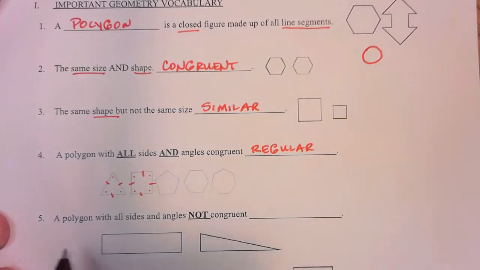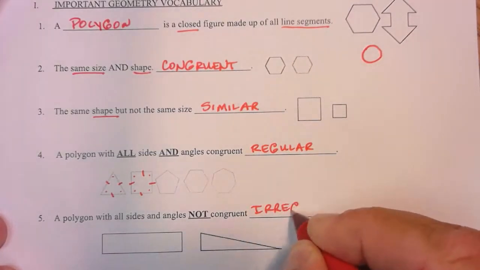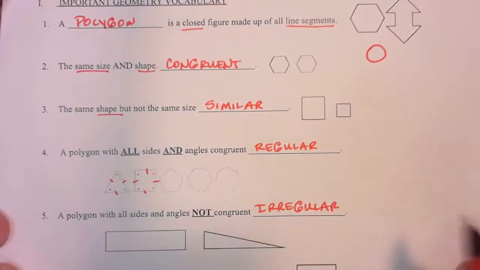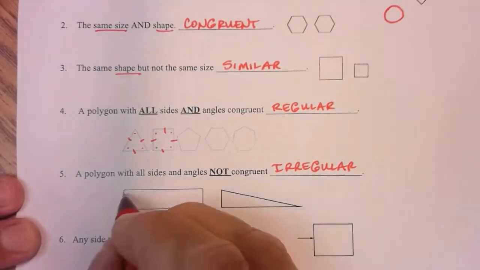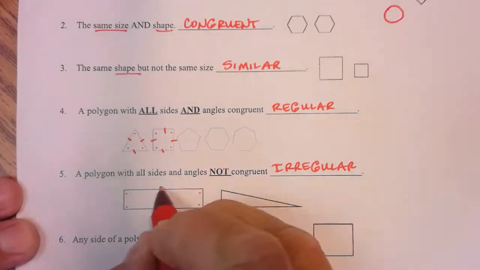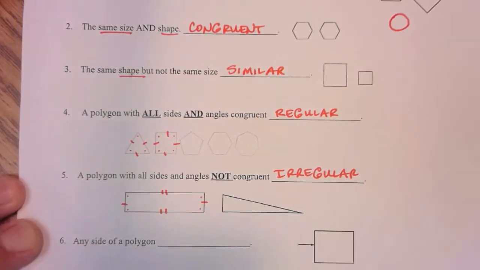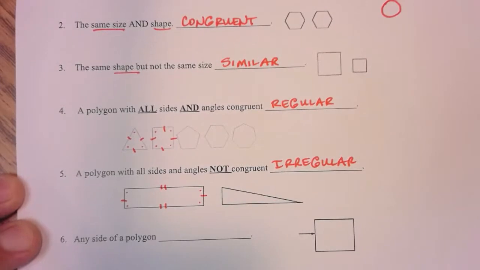Well, if you have one pair of the sides or one pair of the angles that are different, it can't be regular anymore. What it's going to be called is just the opposite. It's going to be called irregular. Now you can see that this rectangle has all four angles the same, but if you notice, these two sides are different than these sides. So when that happens, it's no longer regular, it's called irregular.